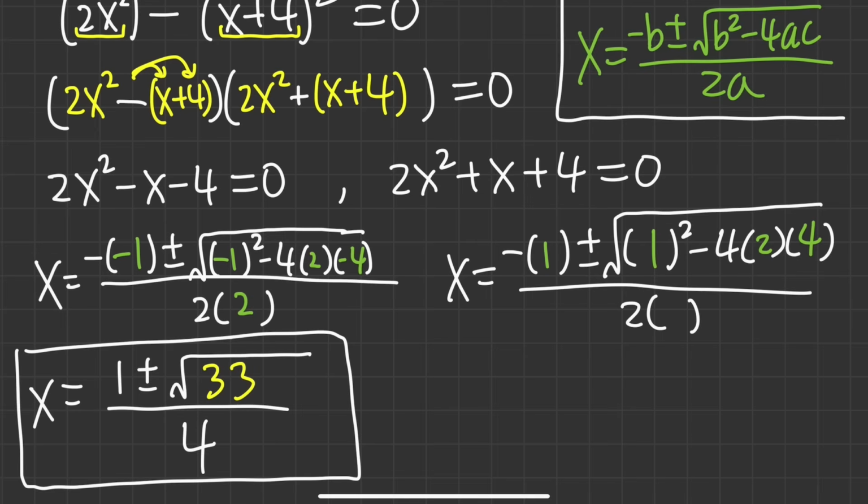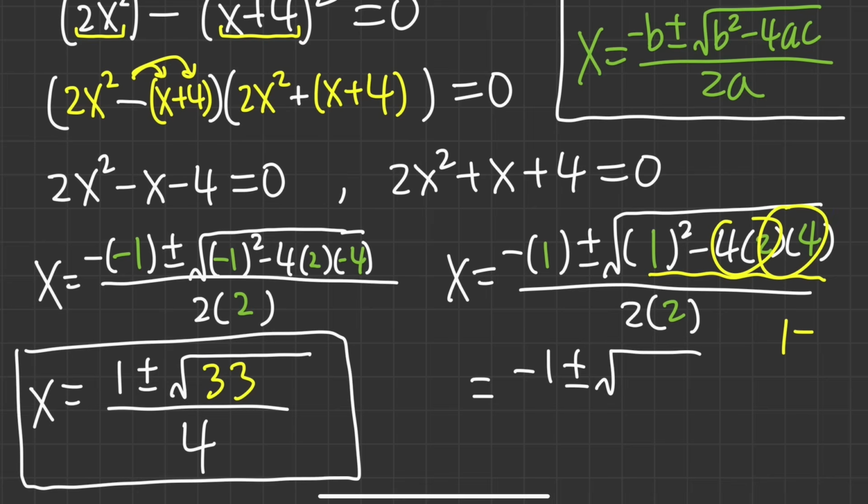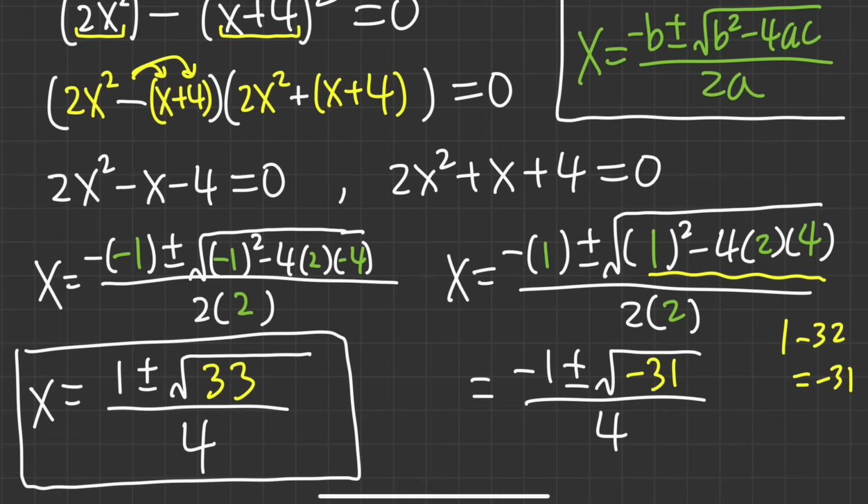A is equal to the 2 here. Now let's work this out. Here we get negative 1 plus or minus square root. Here we have 1. And then minus 4 times 2 is 8, and then times another 4 is 32. So in this case, we have 1 minus 32, which is equal to negative 31. So that will be going on the inside. And then over 2 times 2, which is the 4.